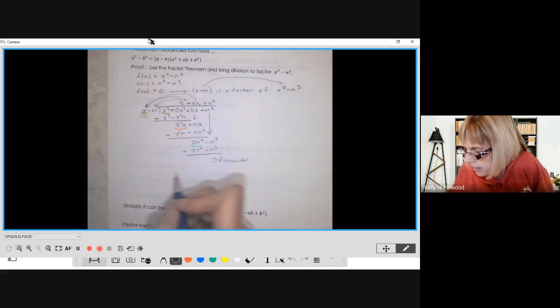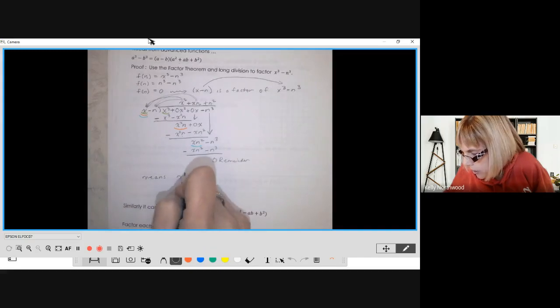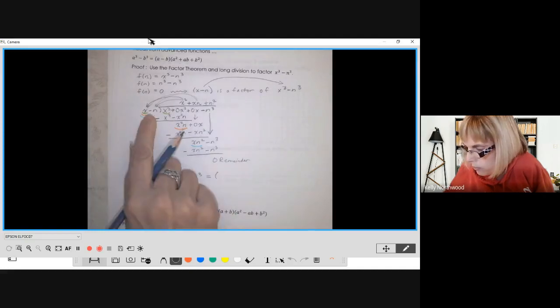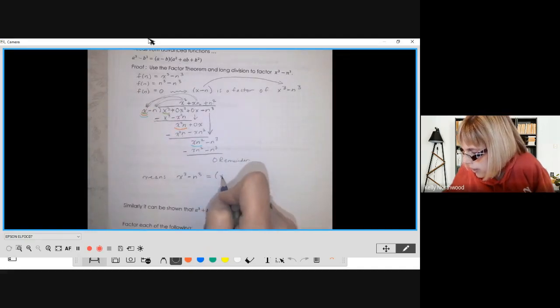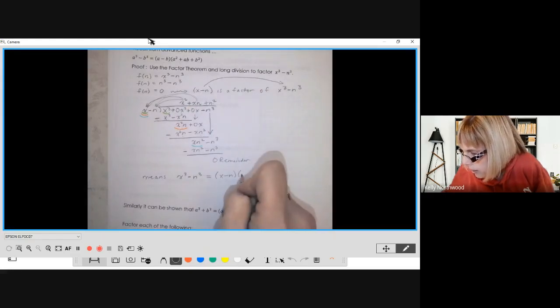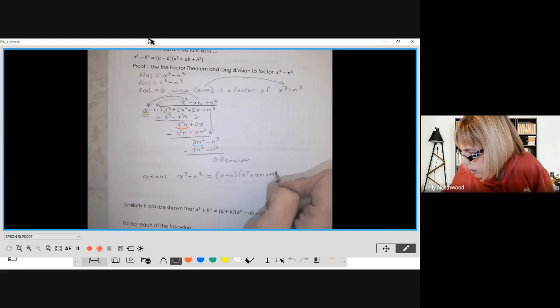So that means that x cubed minus n cubed is equal to my divisor, x minus n, times my quotient, x squared plus xn plus n squared.